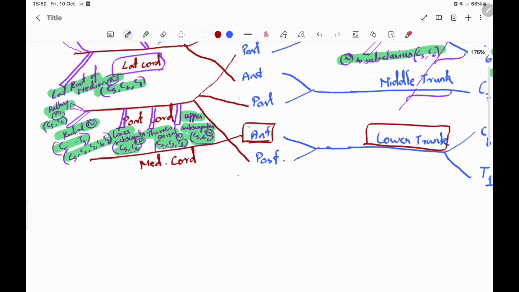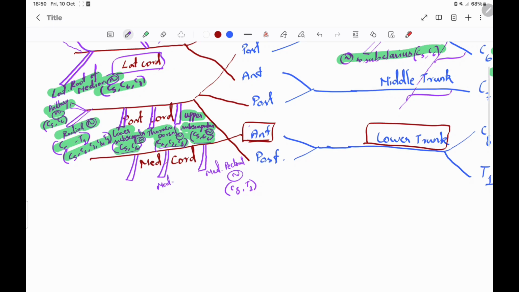Now let's move to the medial cord. The medial cord has the medial pectoral nerve, with C8, T1 nerve roots, the medial cutaneous nerve of arm, and the medial cutaneous nerve of forearm.